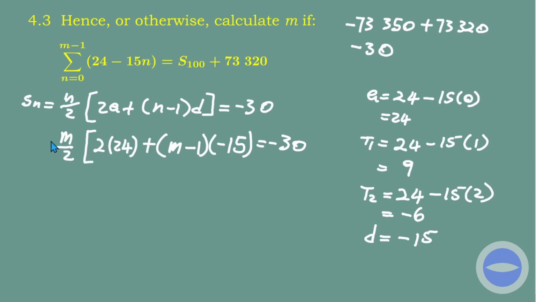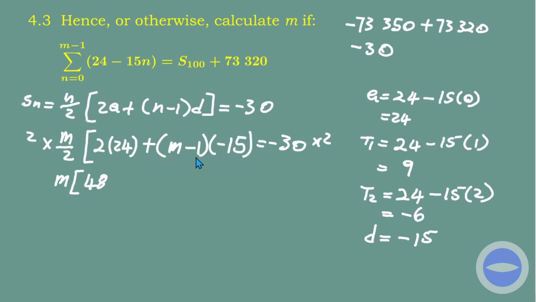Let me multiply everything by 2, and multiply this side by 2 too, then 2 will cancel 2, and then I will have m. 2 times 24 is 48, while m times negative 15, I have to remove these brackets.